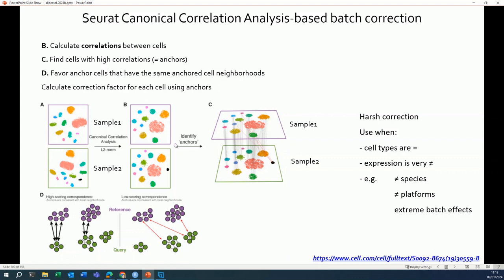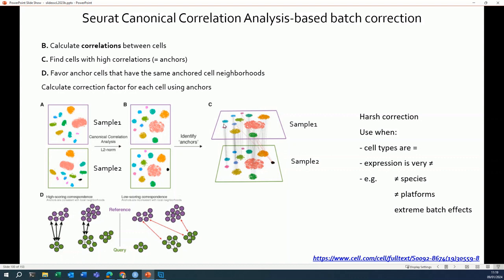So hopefully it will find cells that are very correlated, and it's going to use these cells as anchors for doing the batch correction. So cells with high correlations are considered anchors, and it favors the anchors that have very similar cell neighborhoods.